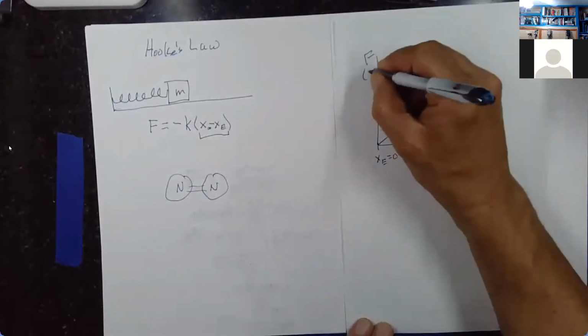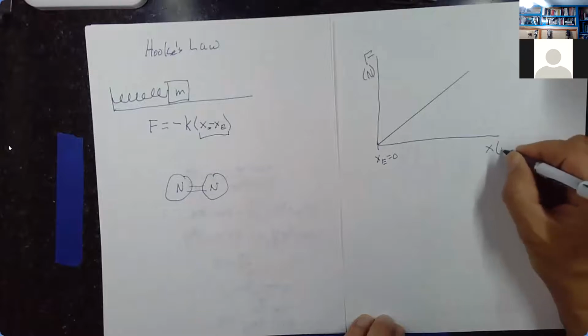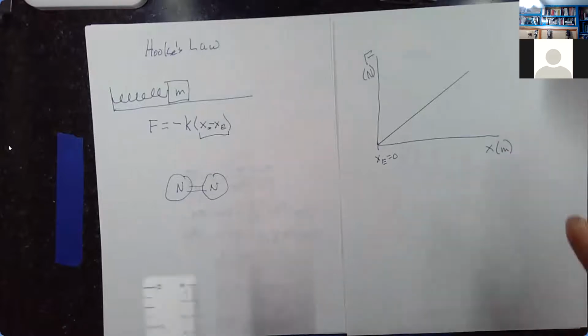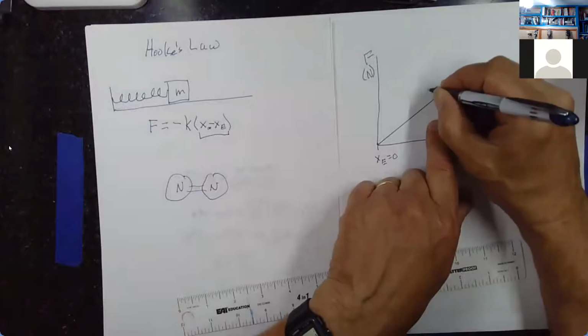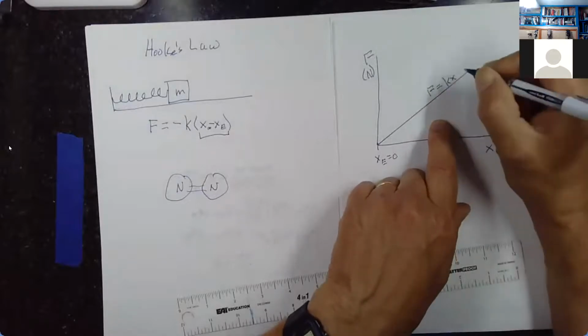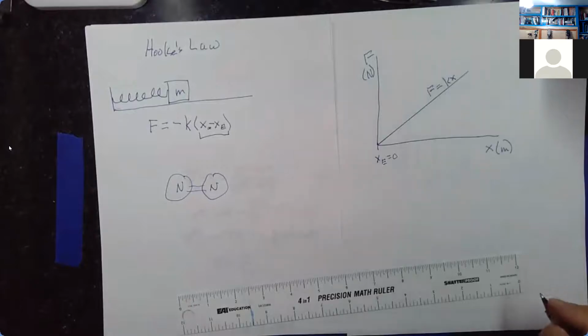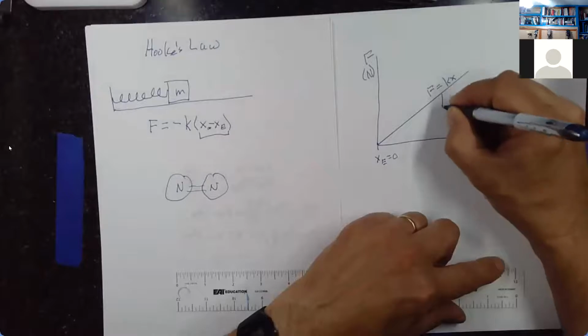This force might be measured in newtons. This stretch might be expressed in meters or centimeters or whatever. But the equation of this line ends up being F equals kx. Okay. Well, how much work do we have to do to stretch something by some particular amount?